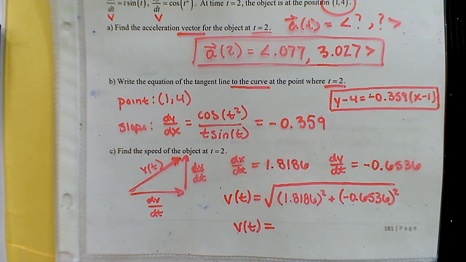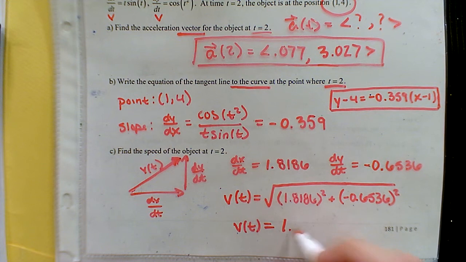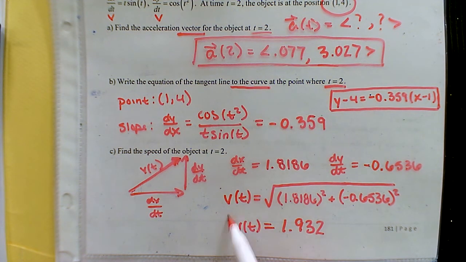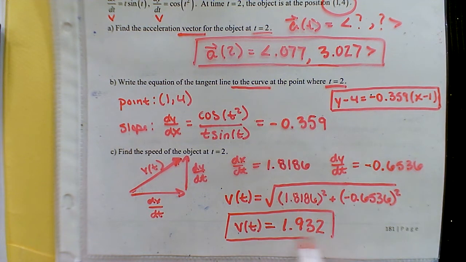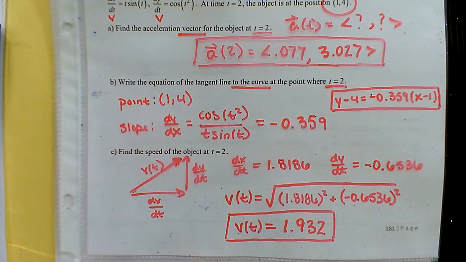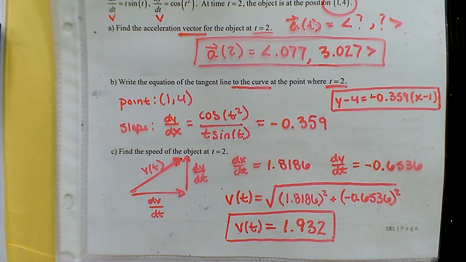I just got a bunch of calculator work from there. 1.932. They don't give us units, do they? Doesn't look like it. Okay, so we'll just leave it like that, 1.932.